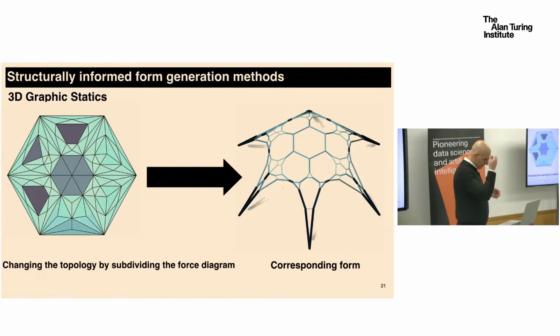A similar method that I'm working on with my colleagues at UPenn is in the context of 3D graphic statics. Graphic statics is a method developed by Maxwell and Cremona in 1864. And the idea is that you can make an interactive connection between force diagram and the form, so that you can play with them.